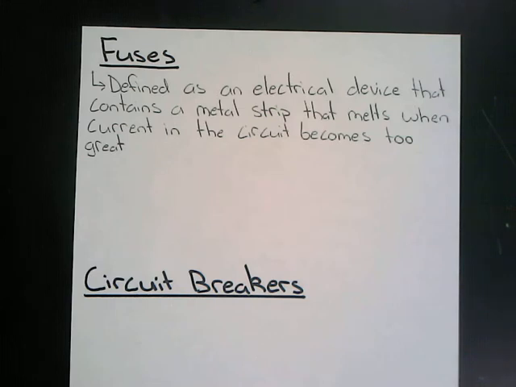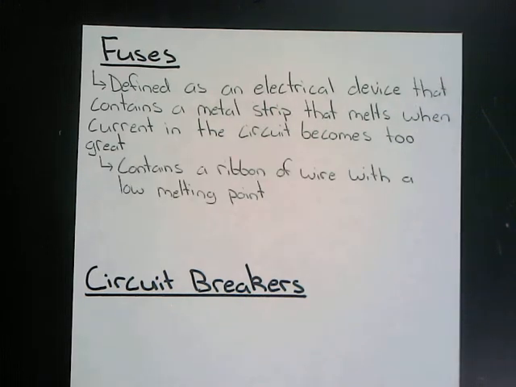But with our fuses, it's going to contain that ribbon of wire with a low melting point. Now, if the current in a particular line becomes too large, the fuse melts and the circuit is open.